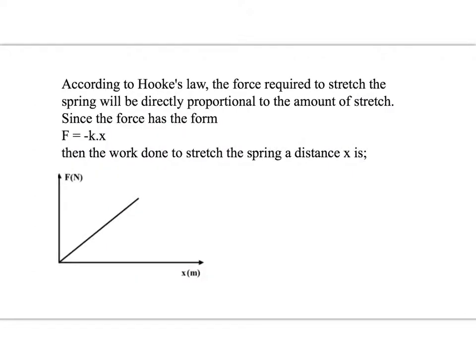According to Hooke's law, the force required to stretch the spring is directly proportional to the amount of stretch. Since the force has the form F equals minus kx, I have the graph of force versus distance like this. I know that the work is equal to force times displacement, so I can say that the area under this graph will give me the work done.